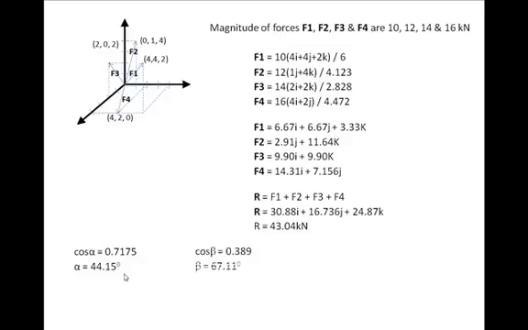Similarly, you can find beta, and similarly you can find gamma. So you know resultant completely, magnitude and inclination with each of these x, y, z axis.